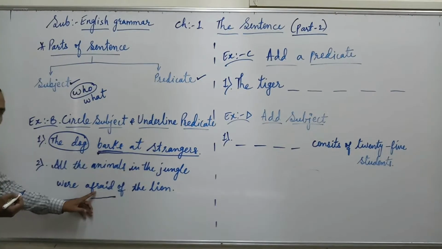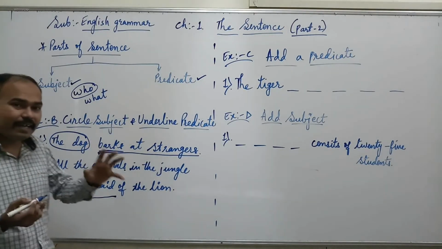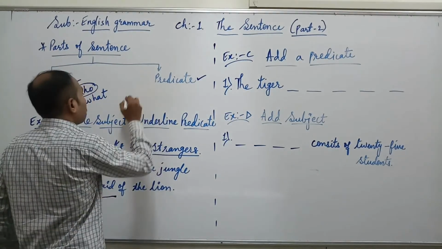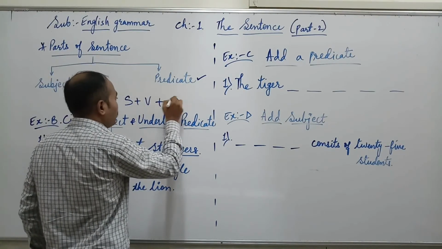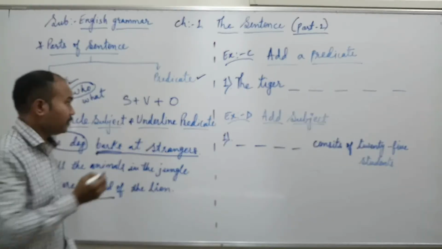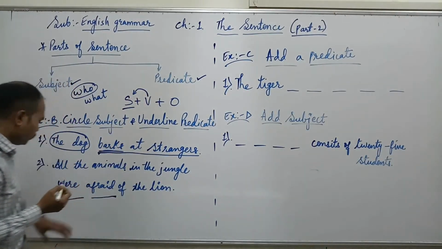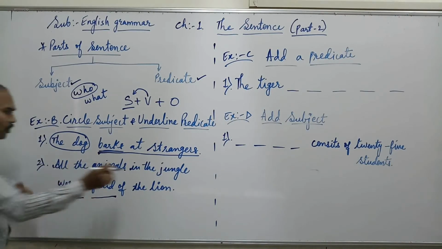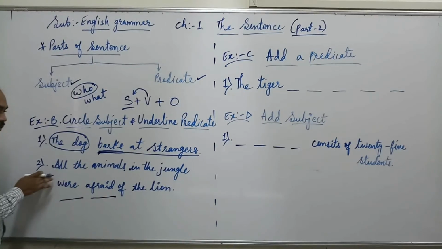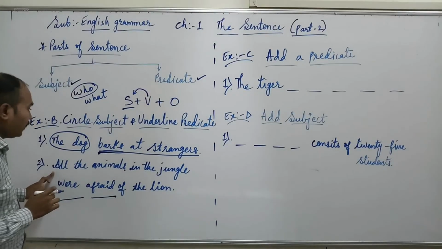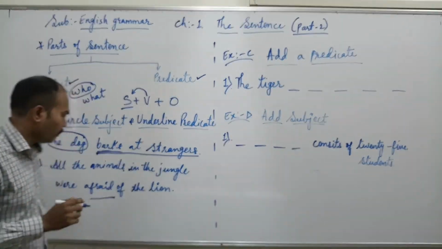So your subject is always before the verb, because we write a sentence in this format: subject plus verb plus object. So your subject is before the verb. So this is your verb, and before this, all this group of words is your subject. Before, I told you that the subject may be a single word or a group of words.